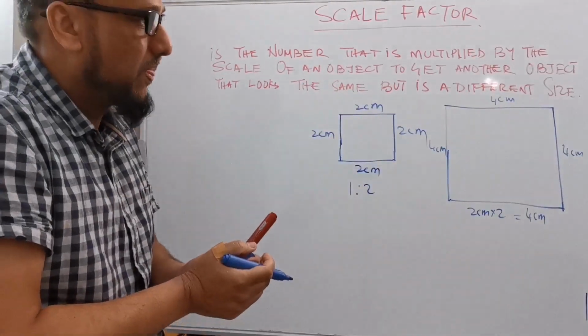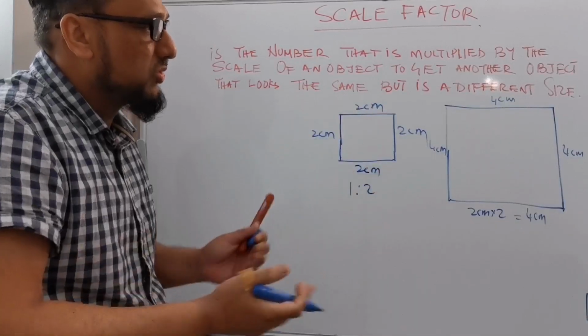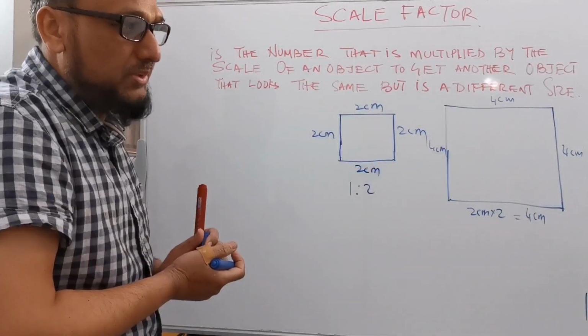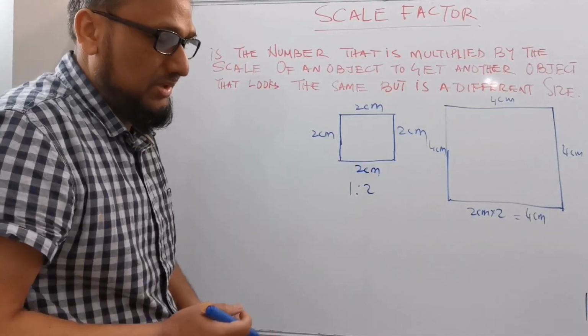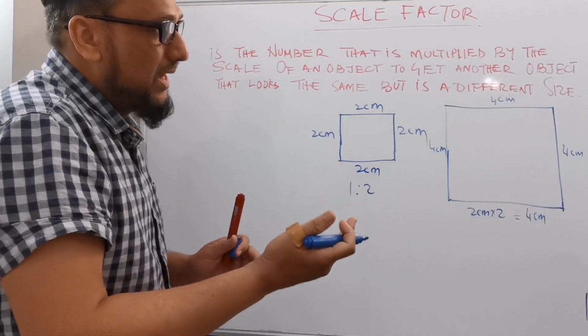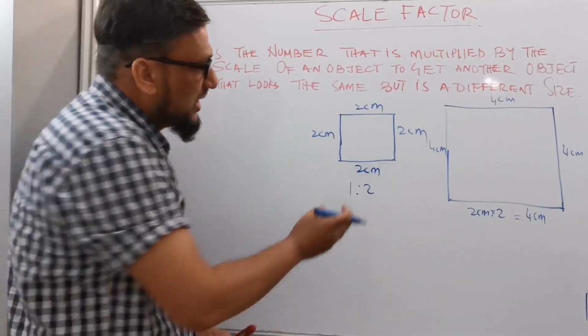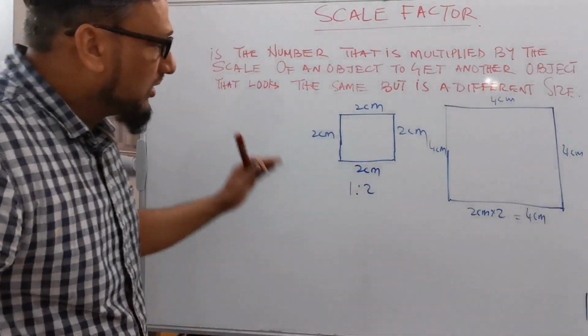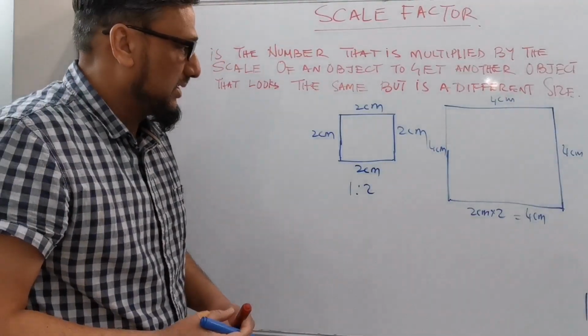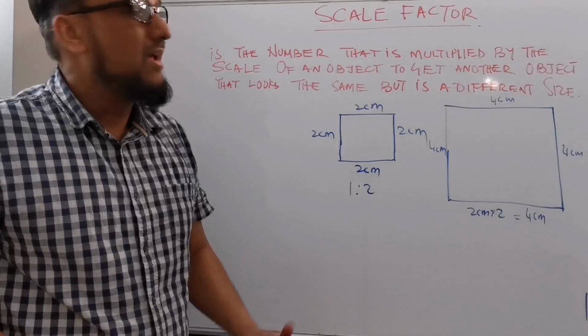When you go to build a house, first they make a sketch on paper for the drafting, then they convert it to scale, and on the basis of the scale they build the whole building. So this is called a scale factor.